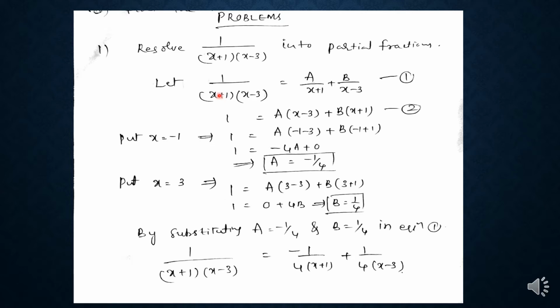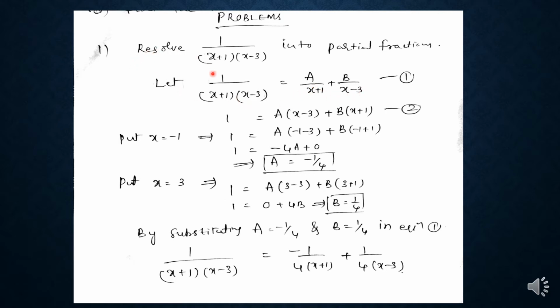In the denominator, two linear factors are there. If we have two non-repeated linear factors, then we should take partial fractions like this, A by x plus 1 plus B by x minus 3.